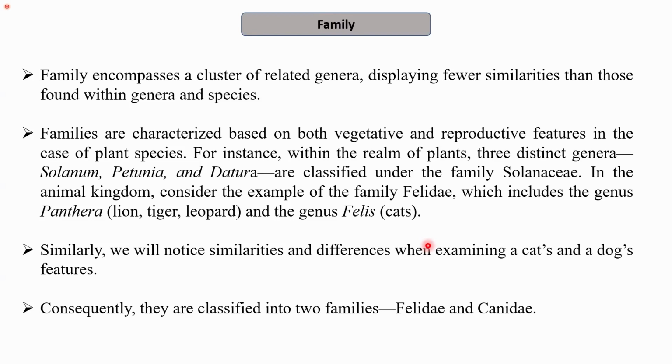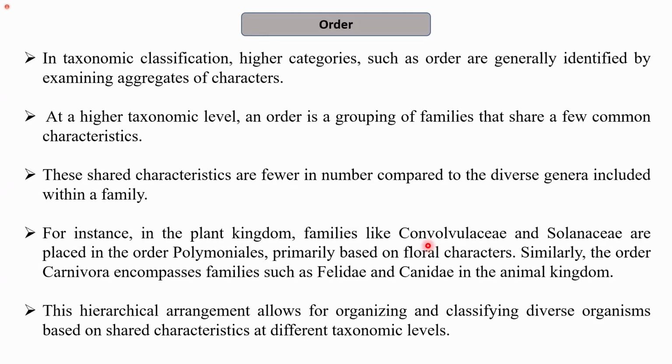After family, we have order. In taxonomical classification, higher categories such as orders are generally identified by examining aggregates of characteristics. At a higher taxonomic level, an order is a grouping of families that share a common characteristic. So the families share a few common characteristics, and based on that, they are classified into different orders.